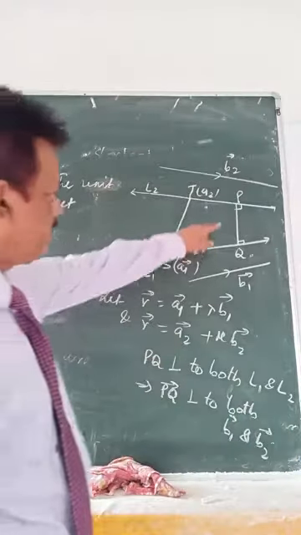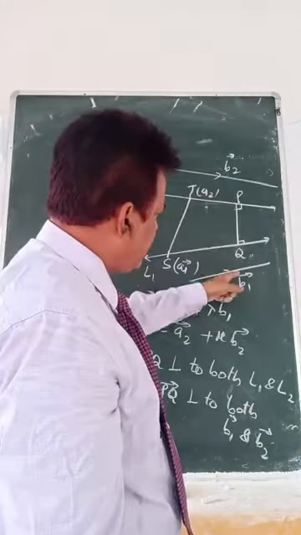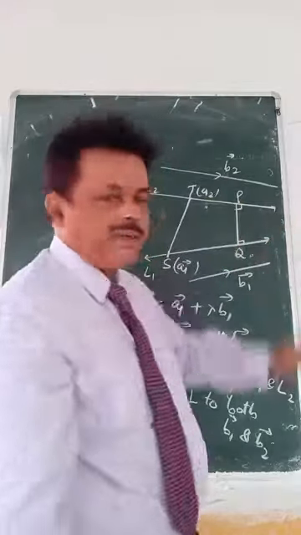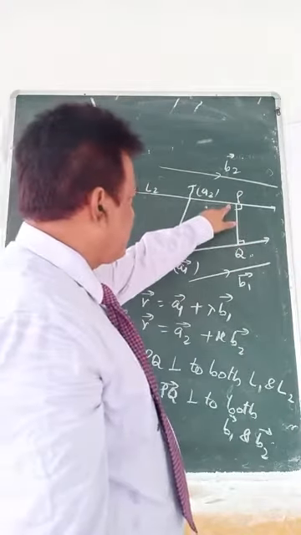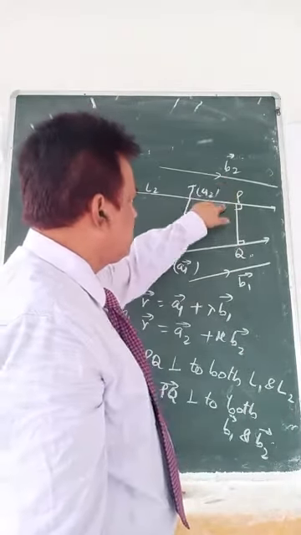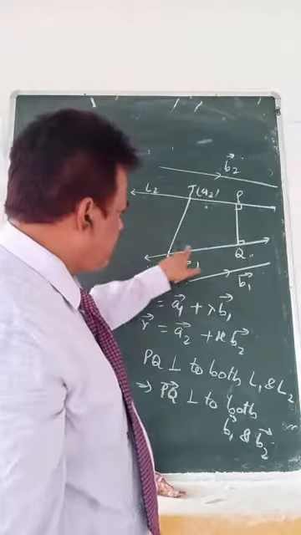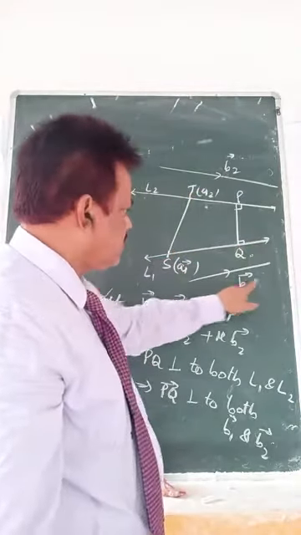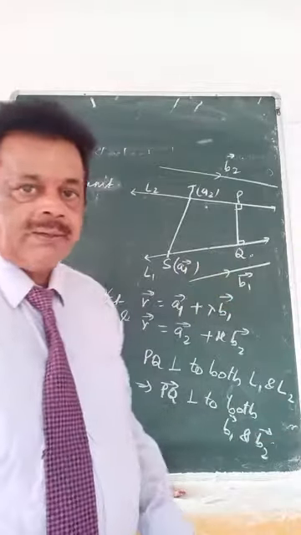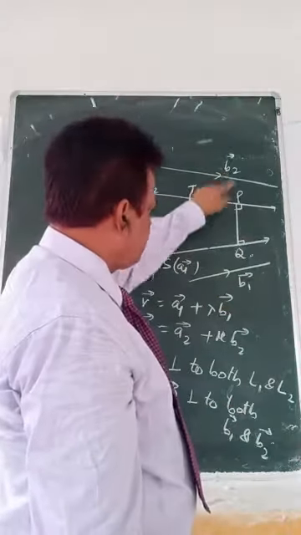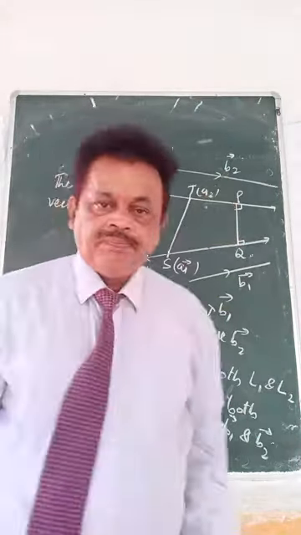PQ will be perpendicular because if I extend it also, it will be perpendicular to both. Anything perpendicular to this will be perpendicular to this one because these two are parallel. Anything perpendicular to this line will be perpendicular to B1 because these two are also parallel. So we will take the concept of B1 B2 relation with PQ.